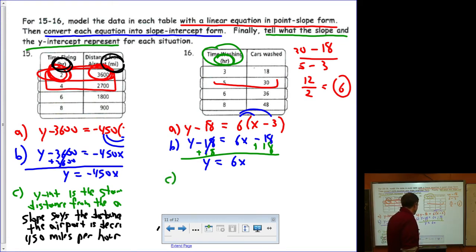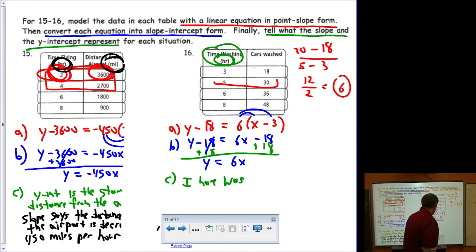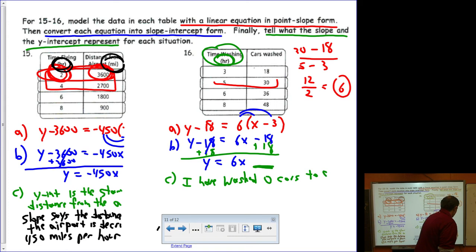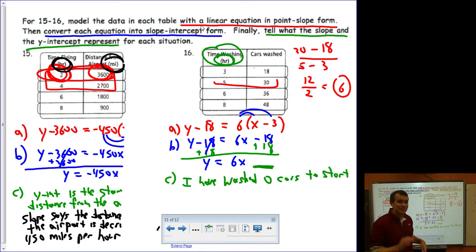So the y-intercept would be, let's see, the y-intercept is 0, right? There is no y number out here in slope-intercept form. That means it's 0. So I have washed 0 cars to start. Or I have washed 0 cars after 0 hours. That makes sense.